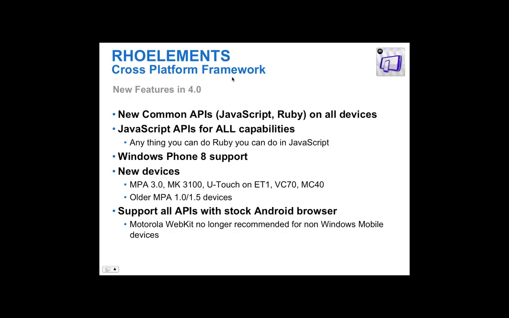So the specific features that tie to these themes, again, the new common APIs with both JavaScript and Ruby on all devices, JavaScript APIs for all capabilities, so this goes beyond just the common APIs, of course. It includes things like, even over to Rho Connect, writing source adapters in JavaScript.